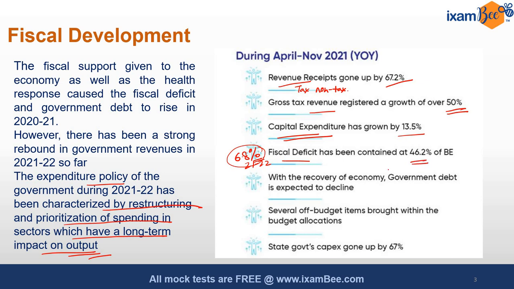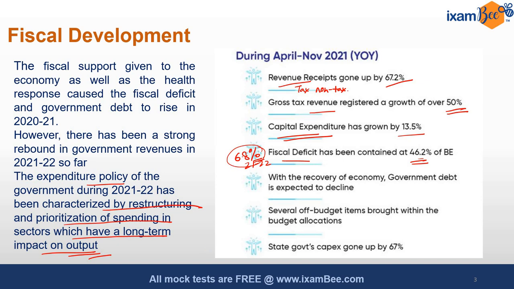What this means is, for the full year, whatever is the absolute amount of fiscal deficit, the government has spent only 46.2%. So they are well within their estimations and are less likely to exceed the 6.8% of fiscal deficit as was estimated.